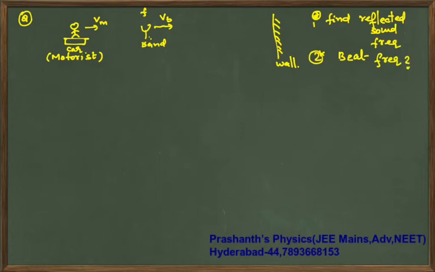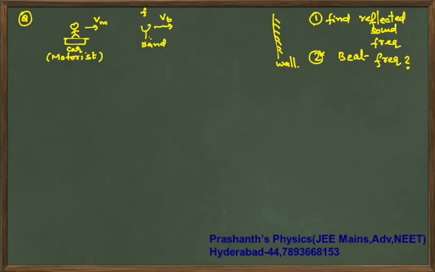First question is reflected sound frequency, second question is beat frequency. Come on, give it a try. I'll explain the solution. Stick to the steps that I've given and try to do the answer. Hope you have paused the video clip and tried the answer for sufficient amount of time.